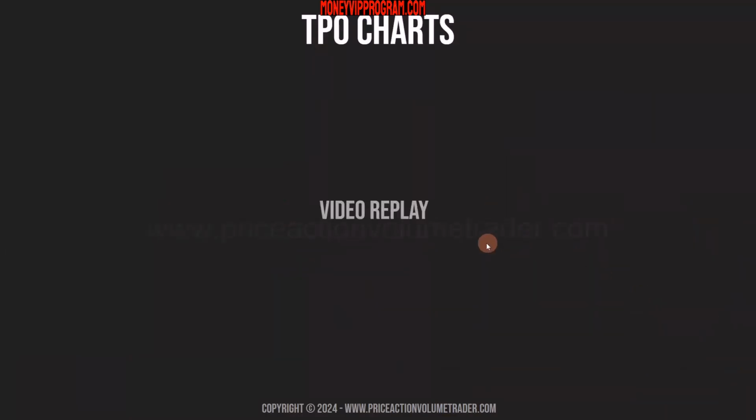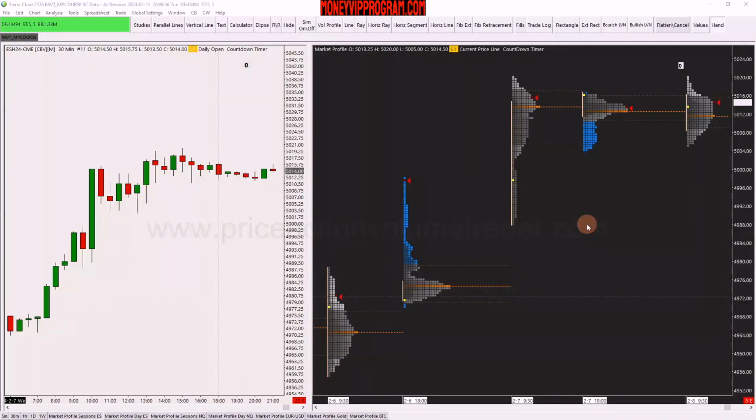Okay, and now let's go into Sierra Chart, and I'm going to play you a video of how the profile develops throughout a trading session in the E-mini S&P futures market. So we are here in Sierra Chart, and on the left side is the E-mini S&P futures.